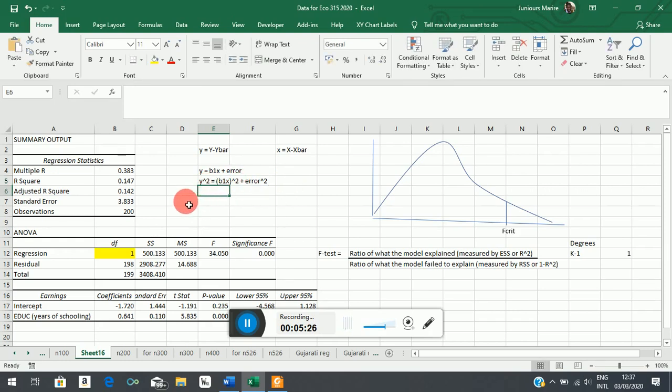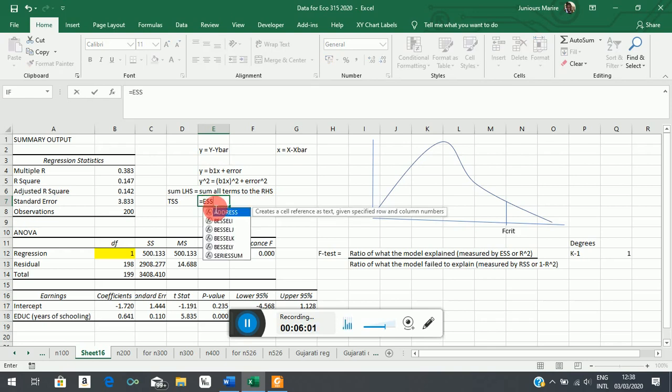Now if we sum the left hand side and we sum all terms on the right hand side, then to the left it will be the total sum of squares. Notice I'm saying sum, which means we have done the summing, and to the right it will be equal to ESS plus RSS.